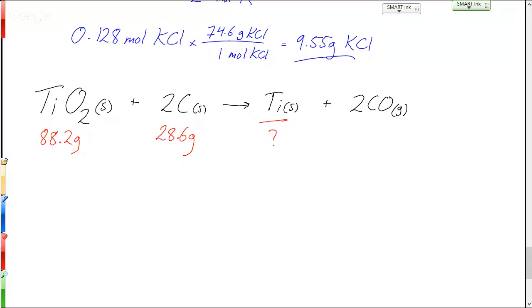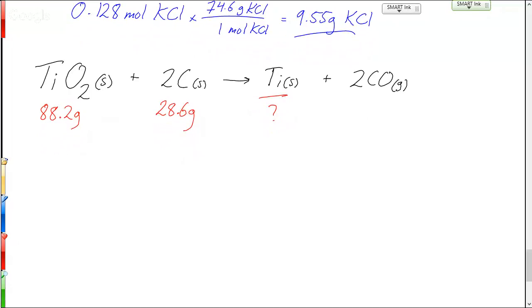All right, so what did you find was limiting in this one? The TiO2? All right, let's see if that works out. So you convert these to moles, right? What's the molar mass of TiO2? 79 point. That's fine.